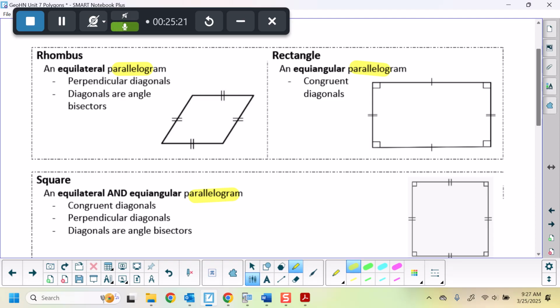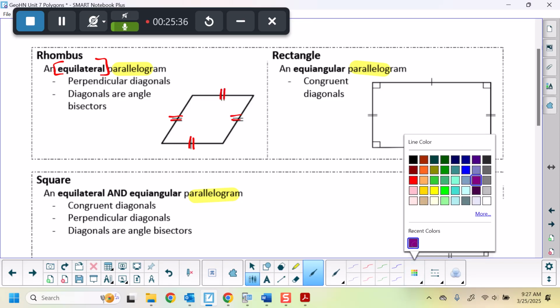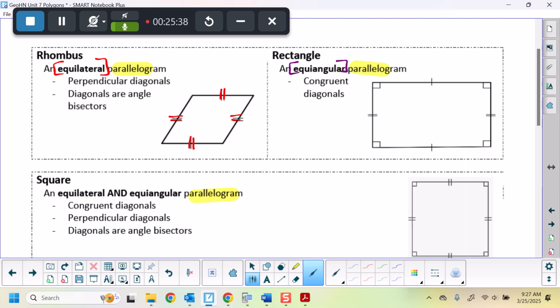In addition, a rhombus is an equilateral parallelogram where all of my sides have the same length. My rectangle is going to be my equiangular parallelogram where all of my angles have the same measure, and we know that measure is 90 degrees.